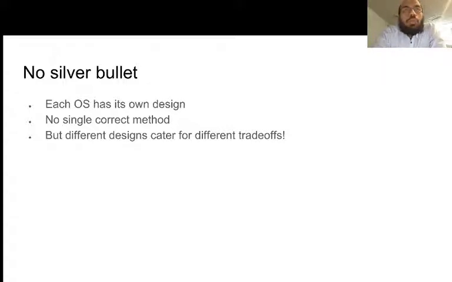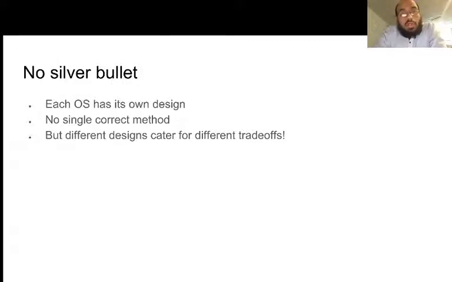I have to say most operating system books work with either Minix or Linux, because these are two open source operating systems. Linux is very widely used, and both Minix and Linux have inherited a lot of features from Unix, which is an old operating system.